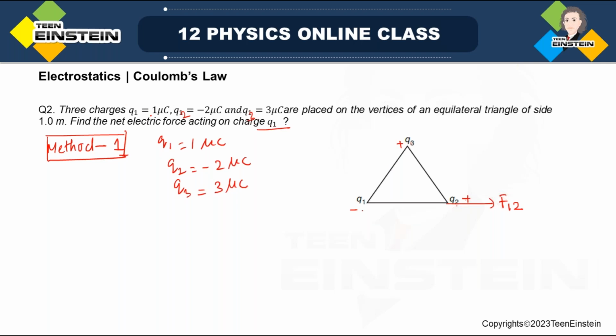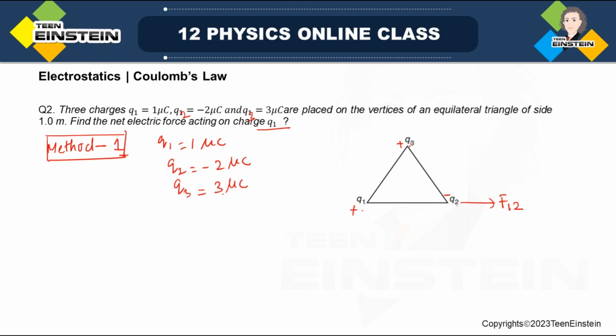I see. This is actually positive, and this is also positive. So these are actually positive. I'm sorry, these are positive. This is negative. Okay, this Q2 is negative. I'm sorry. So this is negative. So anyway, the attractive force is in this direction, F12.